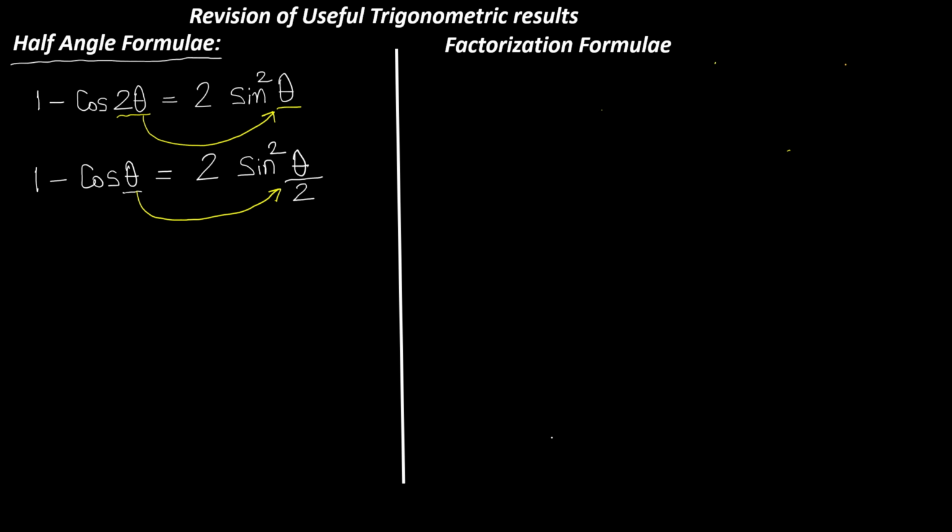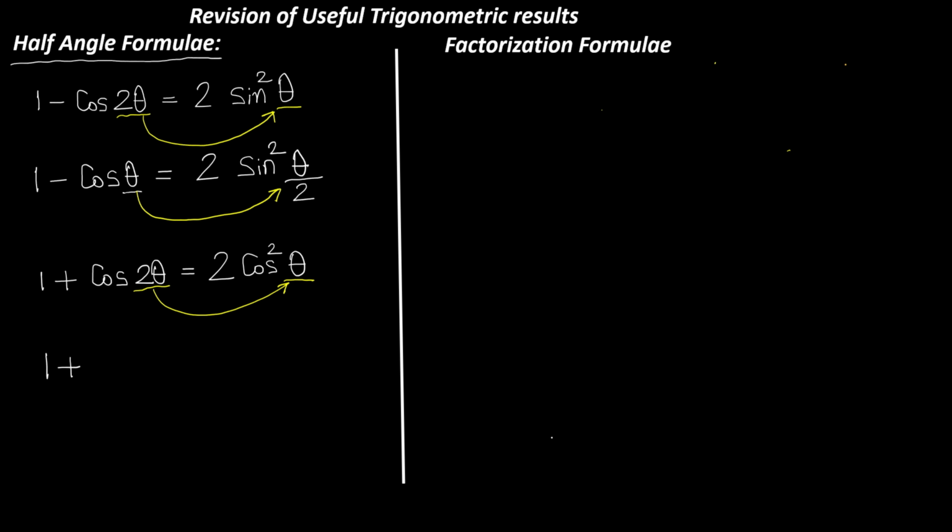Okay, we do have the formula for 1 plus cos 2 theta as well, and this is nothing but 2 cos square theta. And the key takeaway over here is again the same, since it is a half angle formula, the angle becomes half.